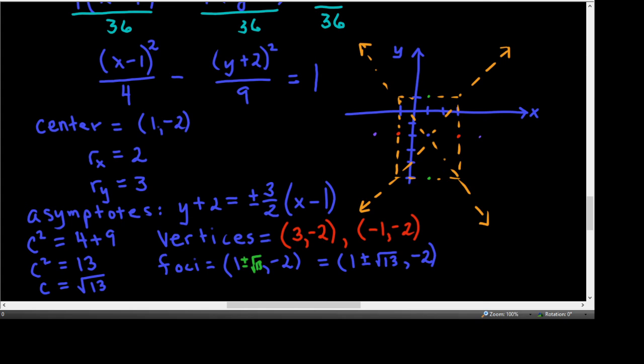But at any rate, now draw the branches going closer and closer to the asymptote. And these, of course, because x is in the positive fraction, are opening to the left and to the right. That's something to pay attention to.